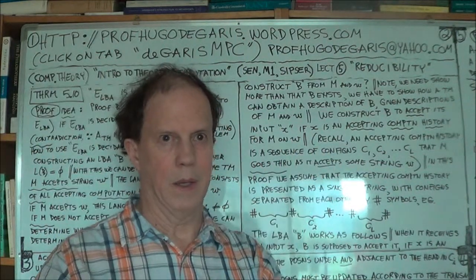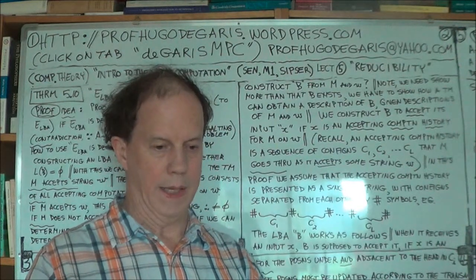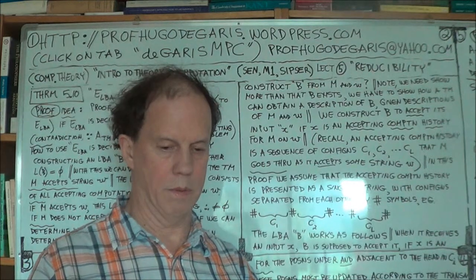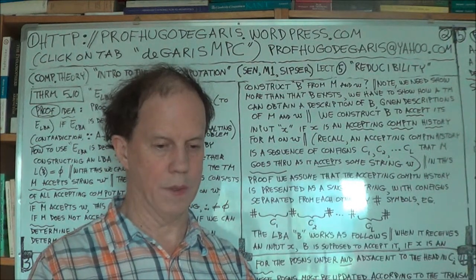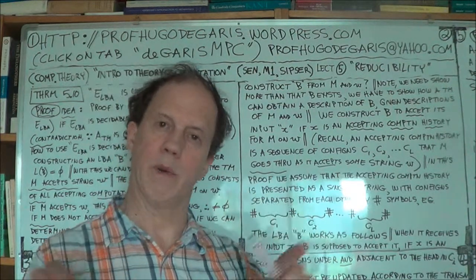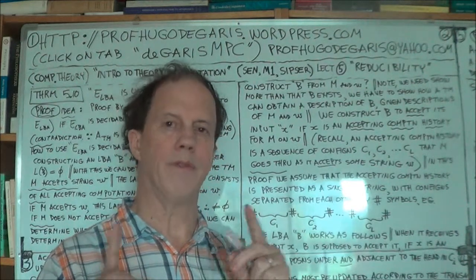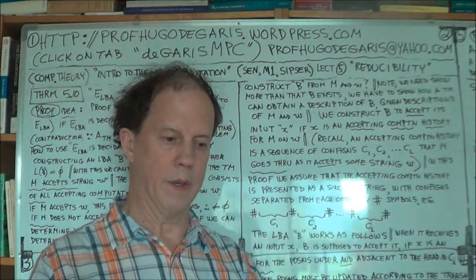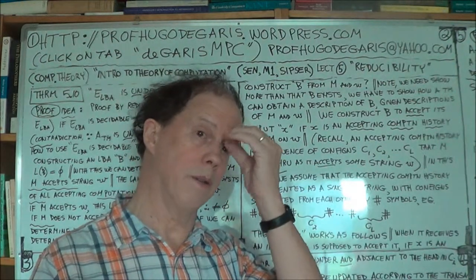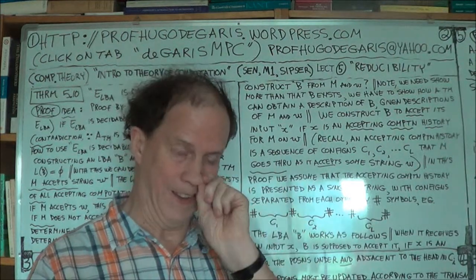go back. Language ATM. How's it defined? It's equal to the set of strings. The strings are of the form ordered pair, angular brackets, so encoded descriptions of two things, the M, W. The M is the Turing machine you're talking about, and W is a string.